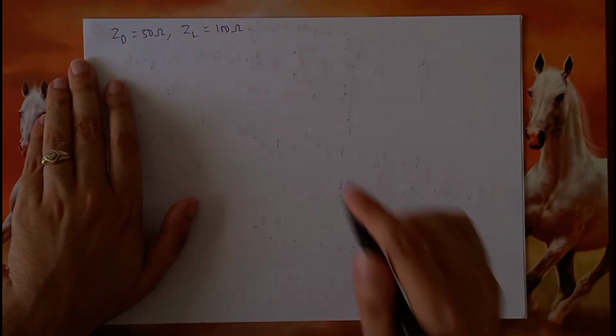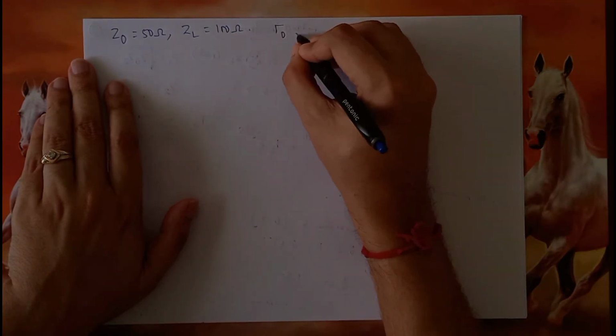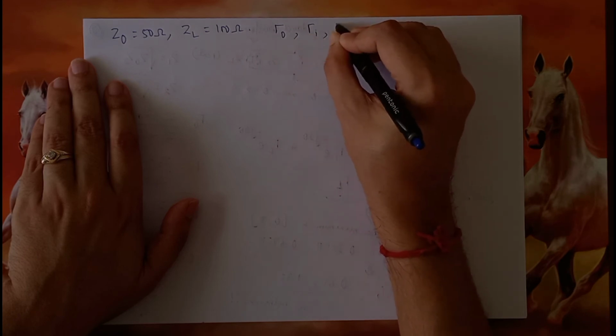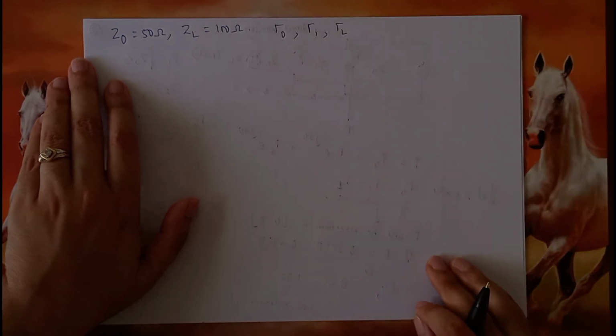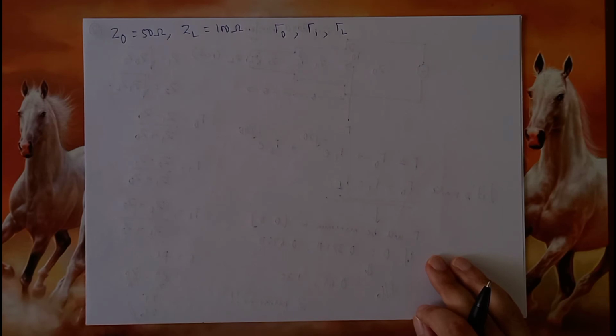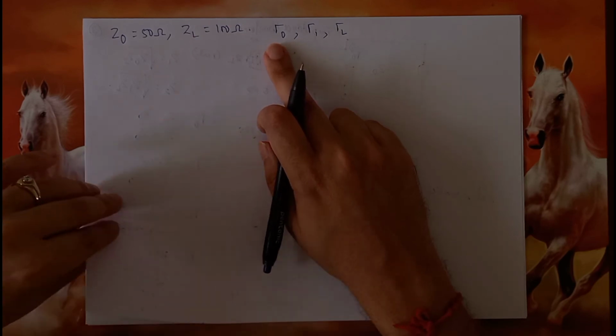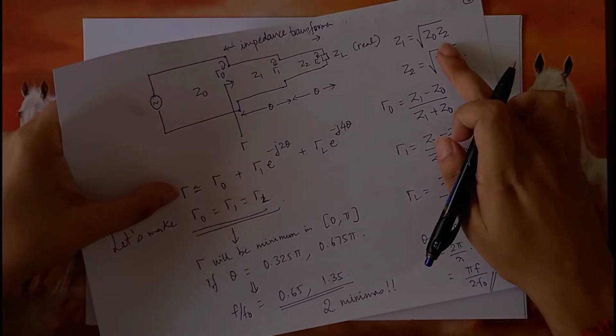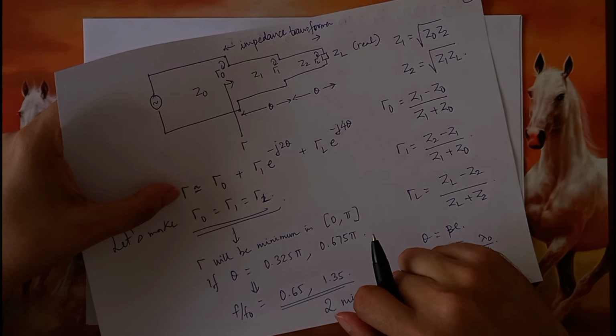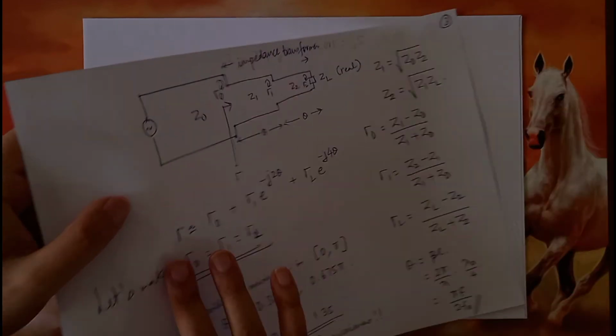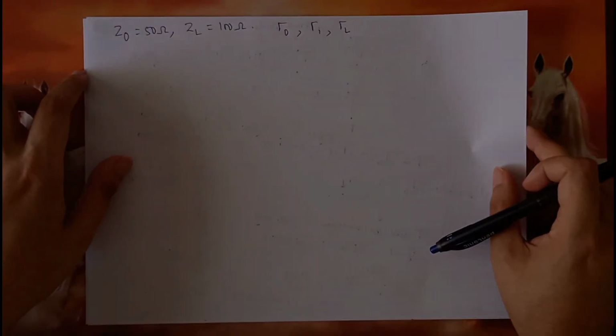Then you can very easily find out what gamma 0, gamma 1 and gamma L are. When you put in the formulae for these two, you can find out what Z1 and Z2 are.